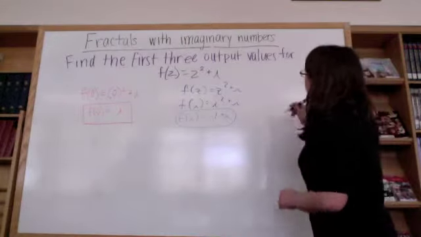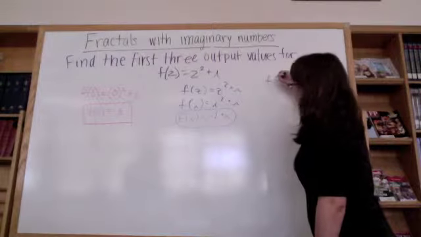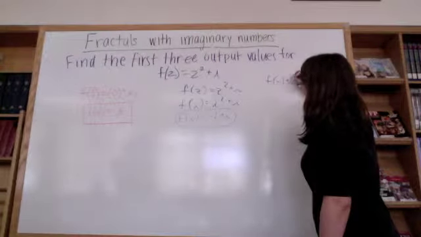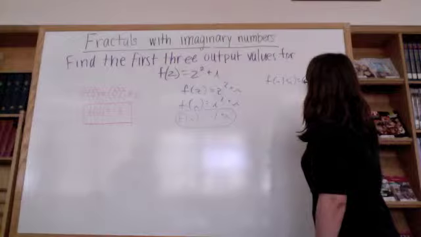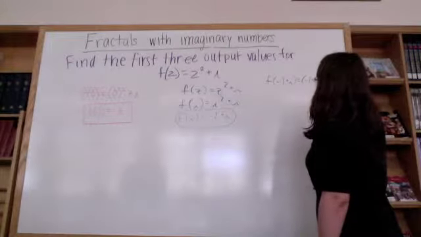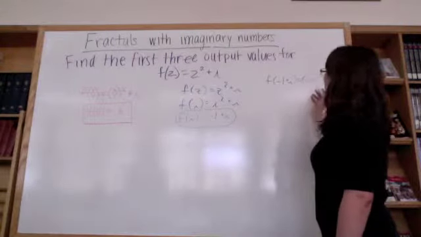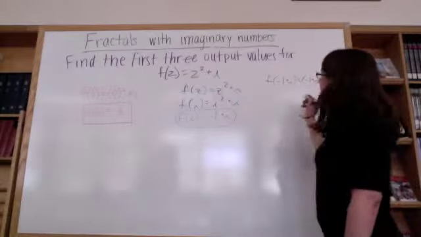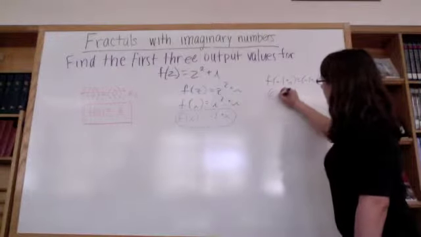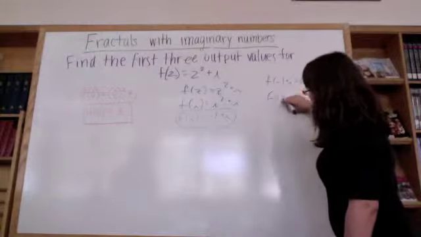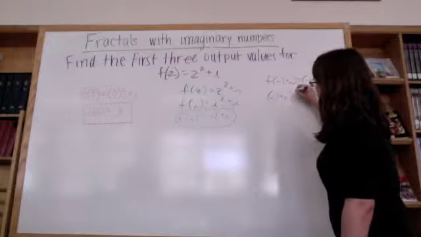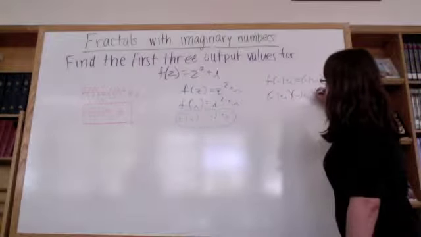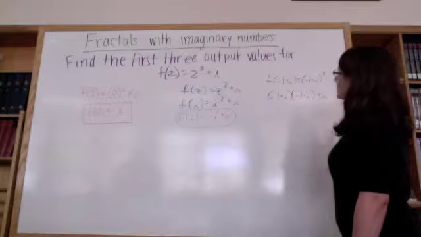So we can write it again as f of negative 1 plus i is equal to negative 1 plus i, squared, plus i. And negative 1 plus i squared can be rewritten as negative 1 plus i times negative 1 plus i, plus i.